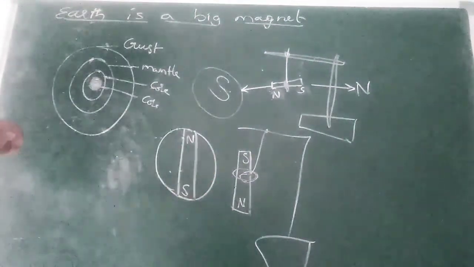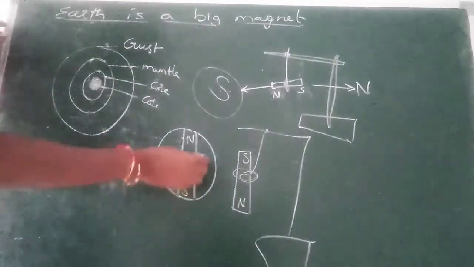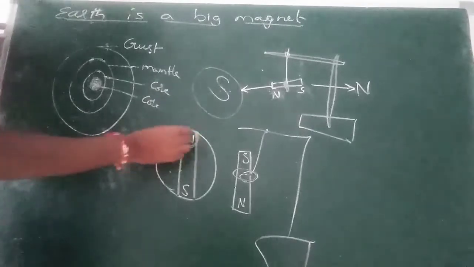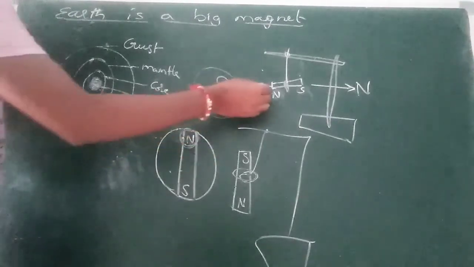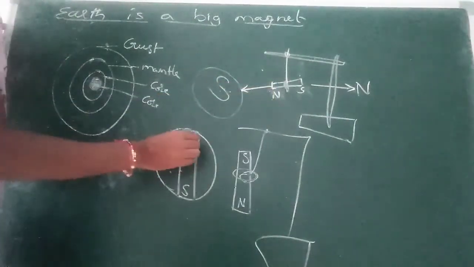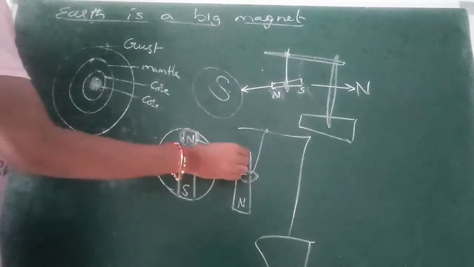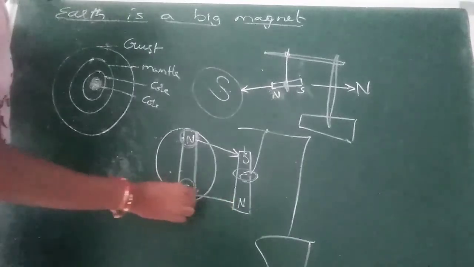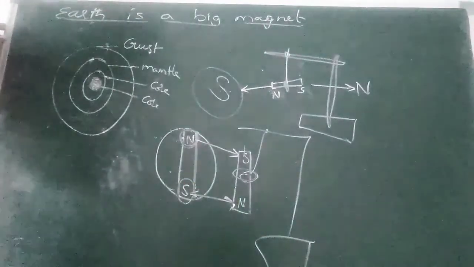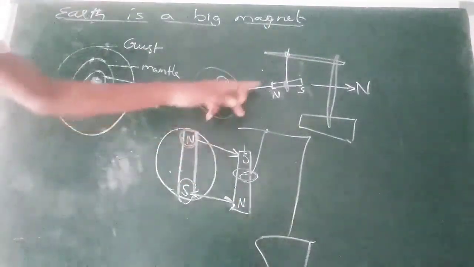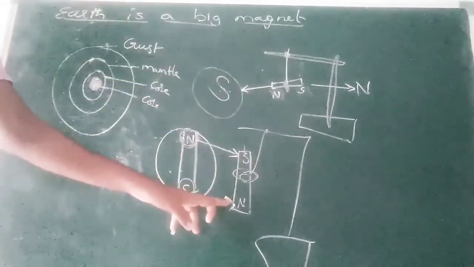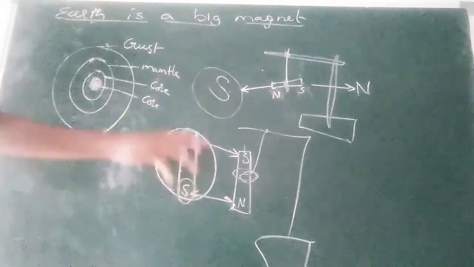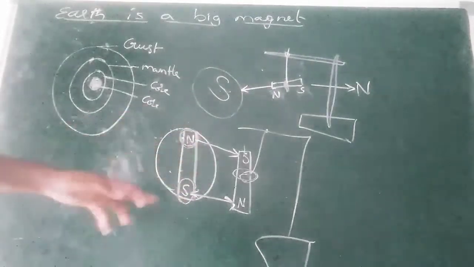Because Earth's magnetic field has a north pole here, so the bar magnet is attracted towards the opposite pole. The south pole faces this side, and it is the south pole of the Earth. That is why a freely suspended bar magnet comes to rest in that direction, due to the huge Earth's magnetic field.